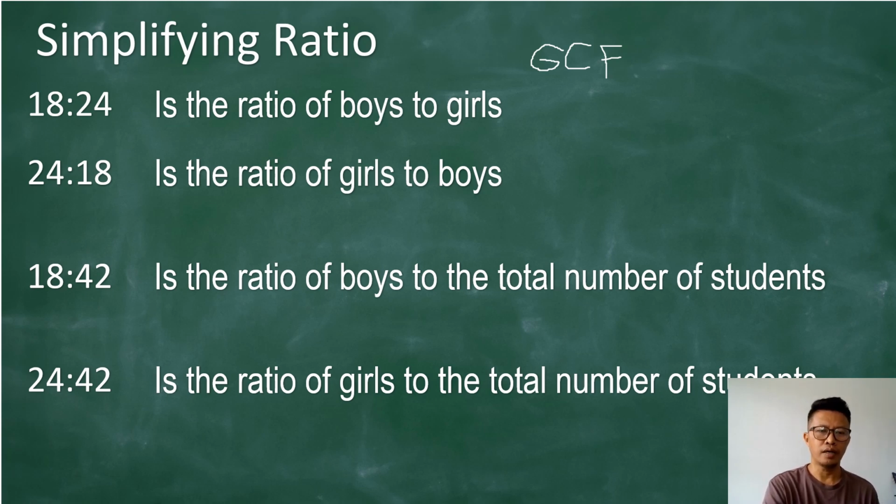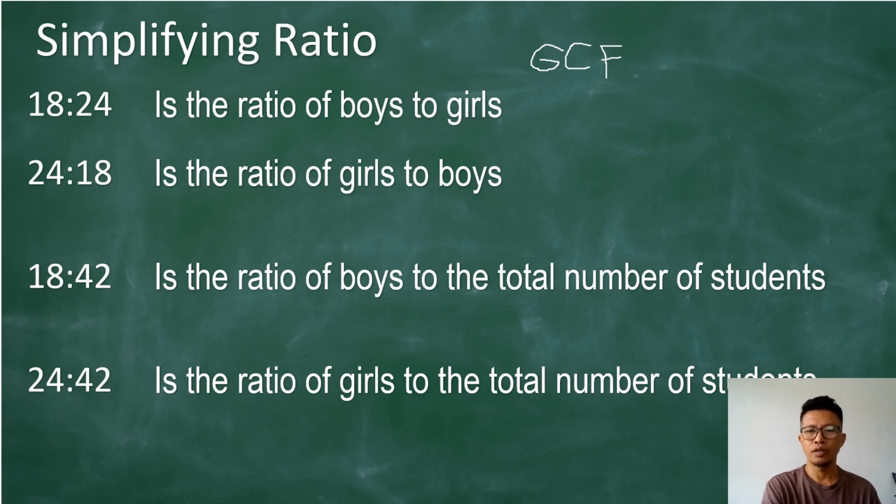Okay, so we have 18 and 24. So what is the greatest common factor? What is that number that can divide both of these two numbers here, 18 and 24, so that it can be simplified? Okay, so if you're going to think about it, that is number 6.